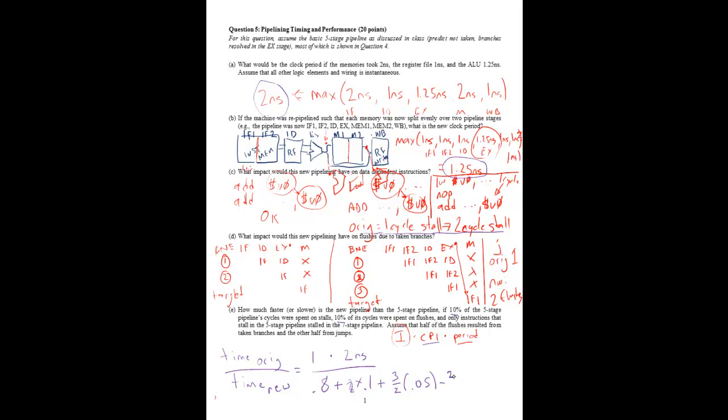In the other case, we've doubled that: what was, for jumps, 1 cycle of flushes is now 2 cycles of flushes. So this together is the relative CPI to the original case. So it's going to take us more cycles, but the clock period is less.